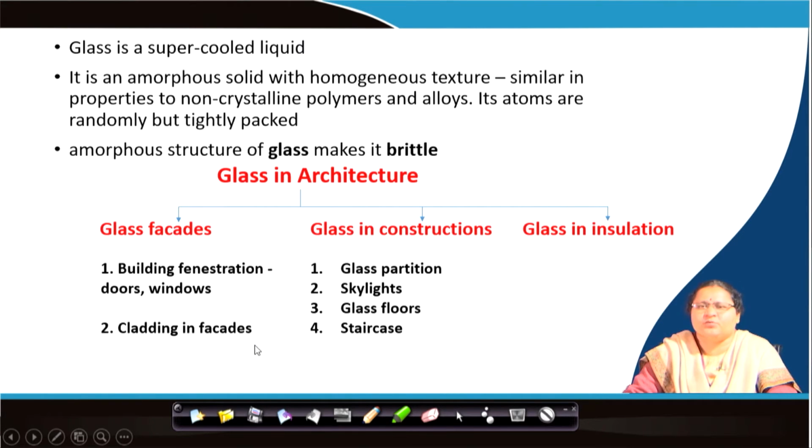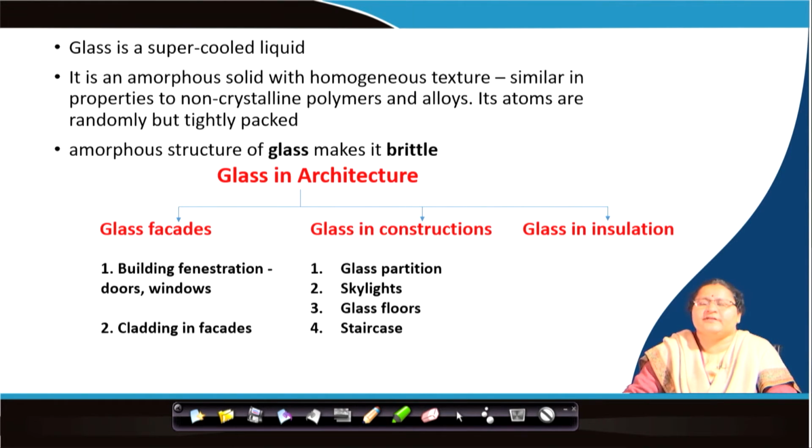There may be glass walls where glasses are fixed one with the other and create the glass facade. On the other hand, we can see glass as a partition wall. Glass may come in blocks also.